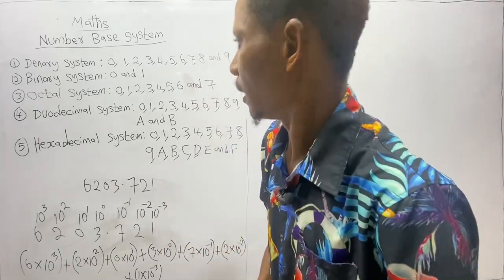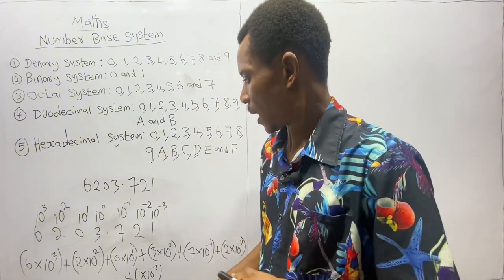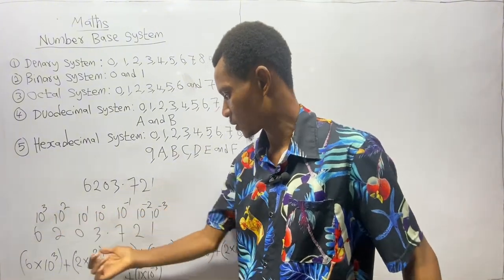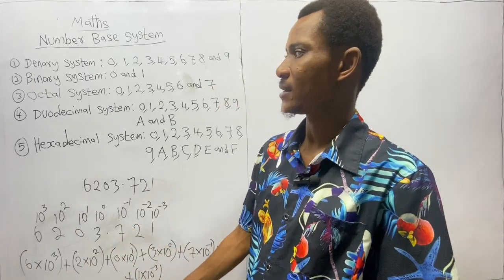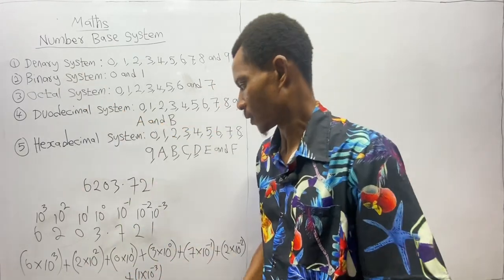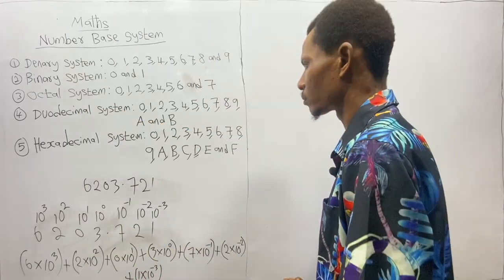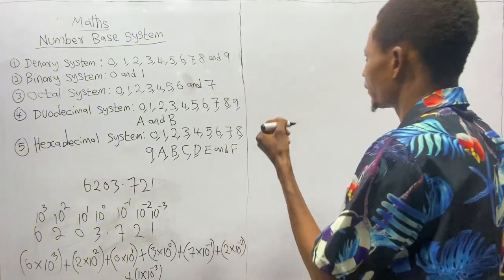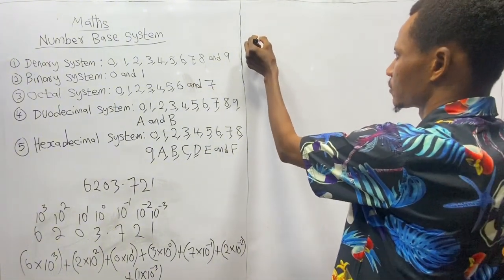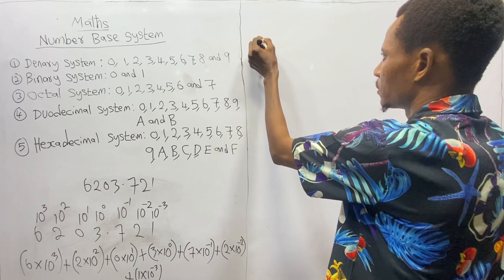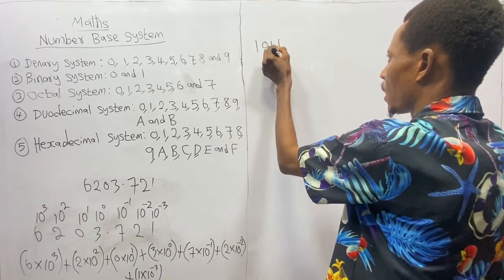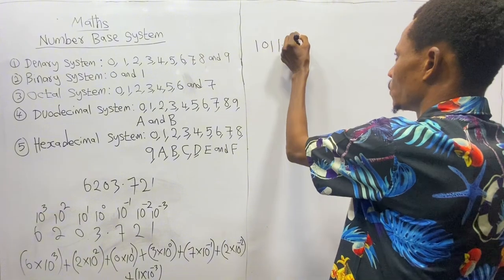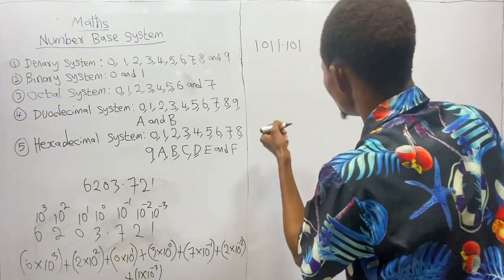Now, let's look at how we can write what we just wrote in base 10. Let's see how we can write it in base 2. For base 2, if you are given a number like this, let's say 1011.101 in base 2.